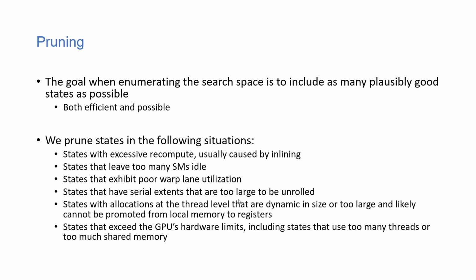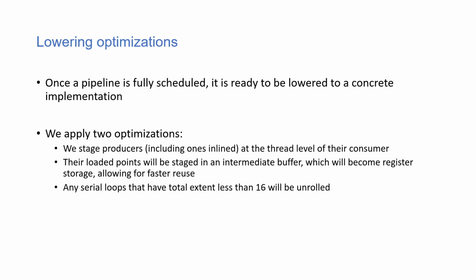States that are too large to be unrolled, since we want to unroll the serial loop; states that are dynamic or too large and cannot be promoted from local memory to registers; and states that exceed the GPU hardware limits, like having too many threads or too much shared memory. They also apply some optimizations, like if any serial loop has a total extent less than 60, it will be unrolled, and I think there's some sort of fusing as well.